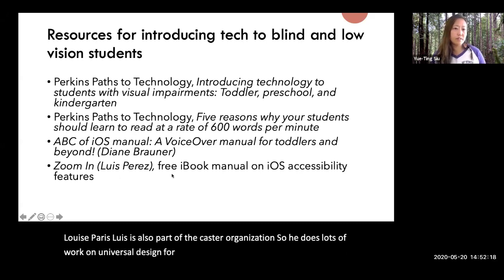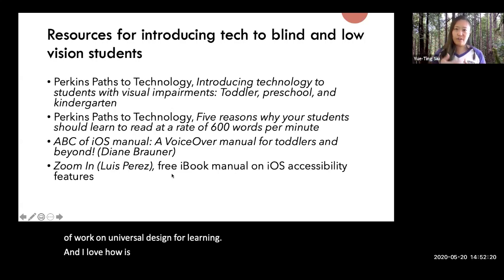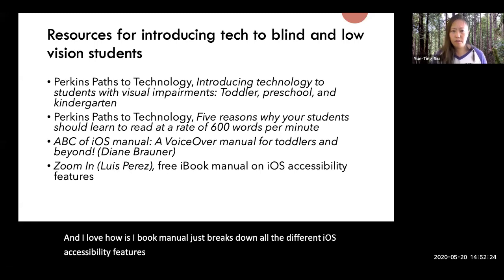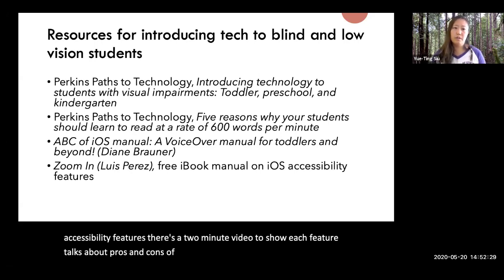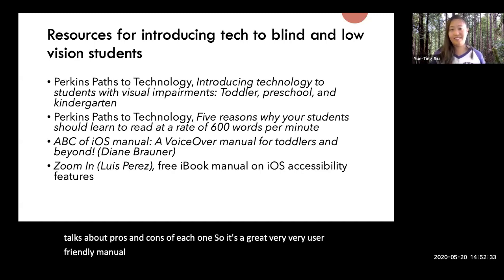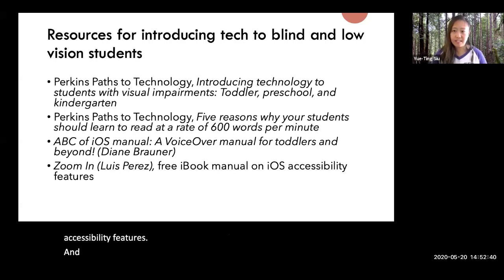And I love how his iBook manual just breaks down all the different iOS accessibility features. There's like a 2-minute video to show each feature, and it talks about pros and cons of each one. So it's a very user-friendly manual for anybody to start learning how to use some of these accessibility features.